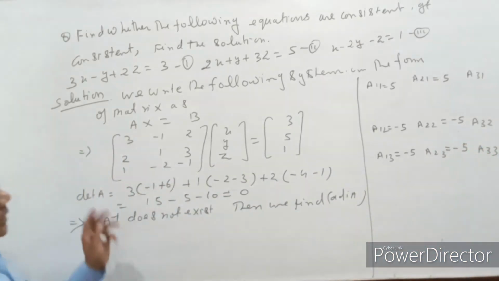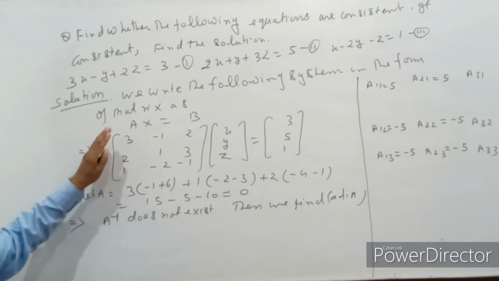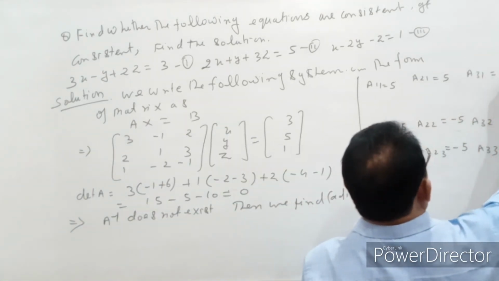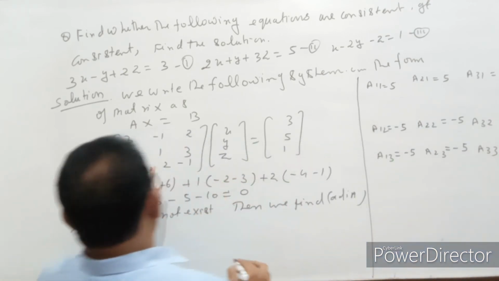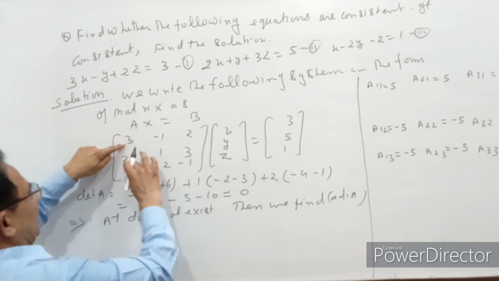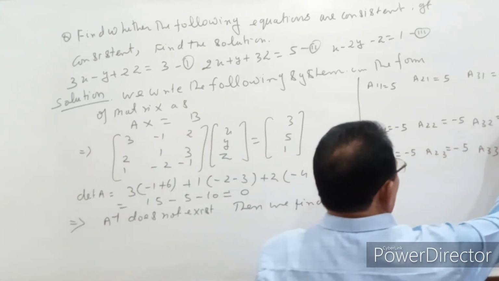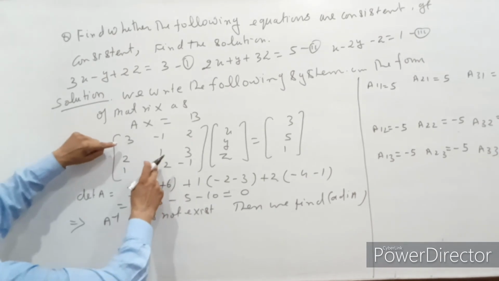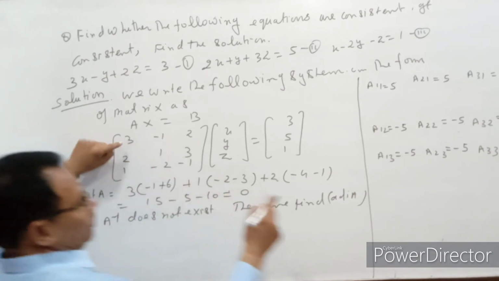Now the cofactor of the third row is -3, -2, -5 and that is 9, 3 is 9, -4, +5, this is 3 and +2, that is 5.